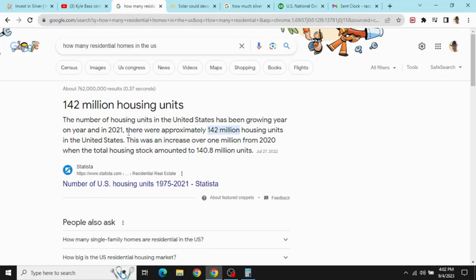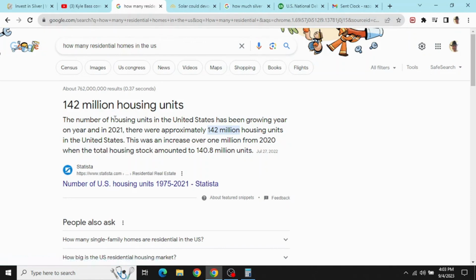I'm not quite sure, I haven't done any research on it, but I bet you there's a bill out there, or maybe something's already passed, or there's going to be one drafted, where it's going to require every single home or building in the United States to have some kind of solar panel generating energy. So I found that very intriguing on the investment side because of the supply and demand.